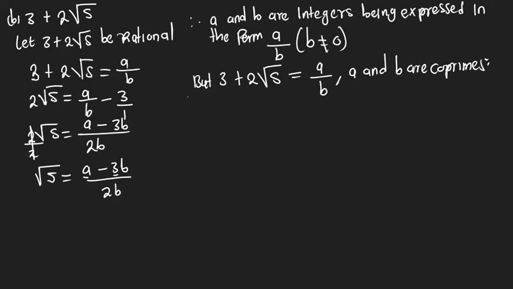We mentioned that, right? Then, in the actual sense, we know that this side here, this part here, is irrational. We just made an assumption, but we know that this part is irrational.